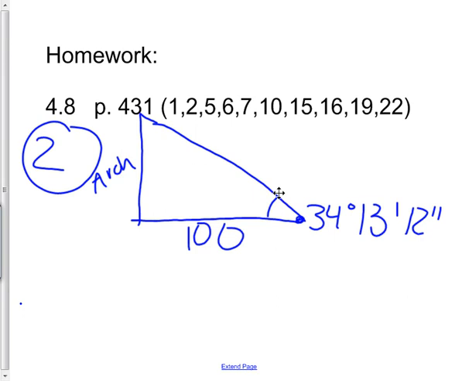And then the seconds is weird. You have to do alpha and then press the plus sign. And then the measure they want you to use to solve this problem is 34.22 degrees. So use that angle measure to solve the problem.